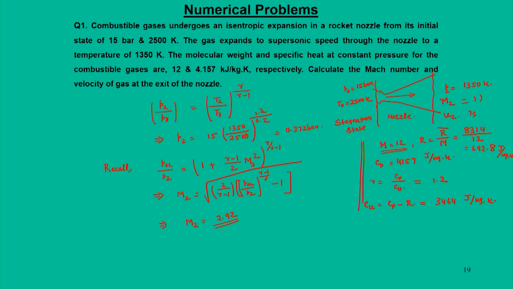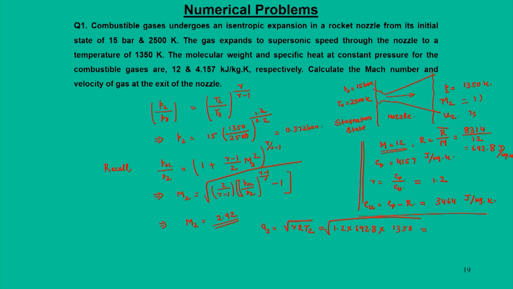And once you know M2, we can also calculate A2, that is speed of sound at state 2, square root of gamma R T2. 1.2, R is 692.8, T2 is 1350, square root.